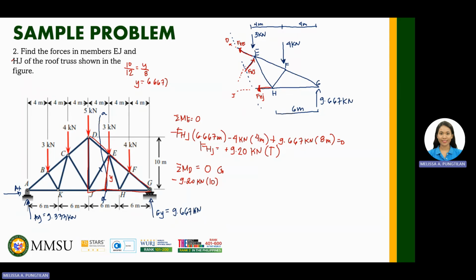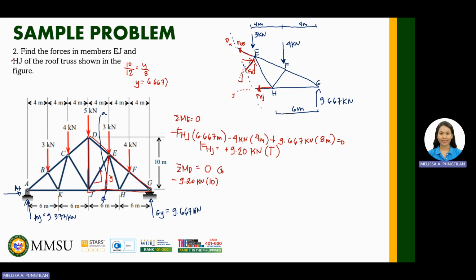FDE, cancel out na yan kasi makikita natin directly siya pointing to D. Okay. And then, yung EJ natin, meron siyang X and Y component. Kailangan nating hanapin yung slope for EJ para ma-determine natin yung x and y component. So, dito, ito yung slope na hinahanap natin, guys.